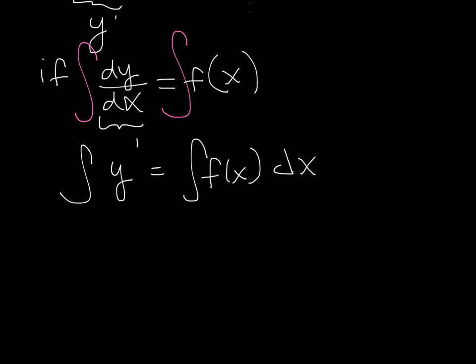Now, the integral and y prime and y, these guys are inverses of each other, or specifically the derivative and the integral, so we know we're really just left with y of x.